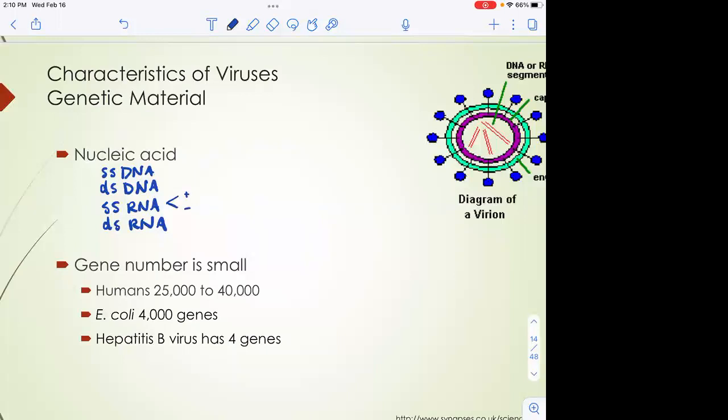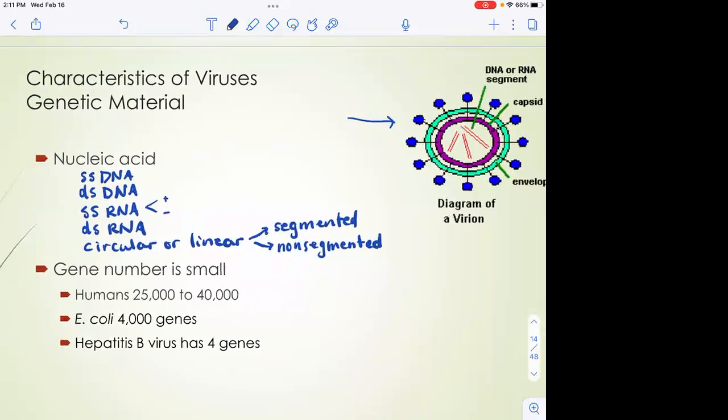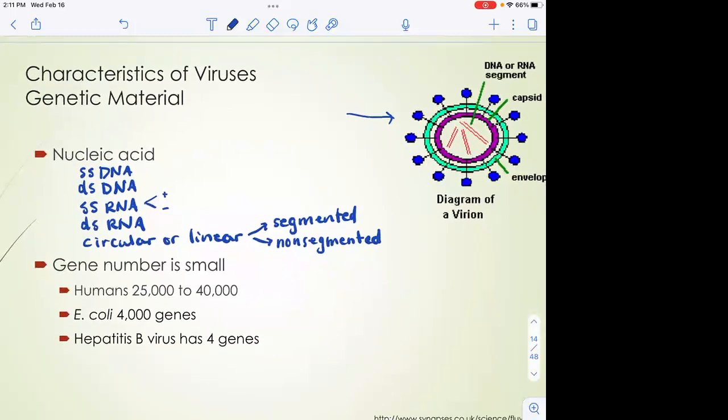And in addition, that nucleic acid can either be in a circular form or it can be linear. And if it's linear, it could be either segmented or unsegmented. We'll say non-segmented. For example, this virion over here has a segmented genome.